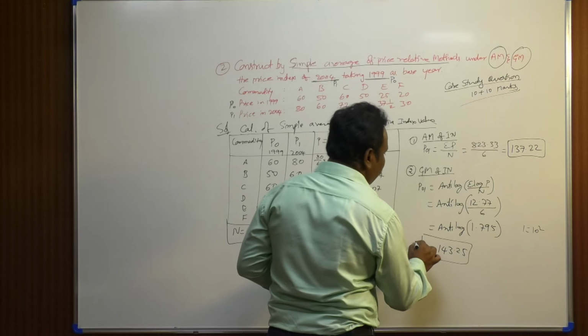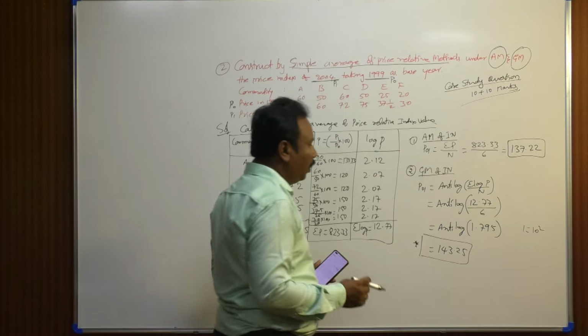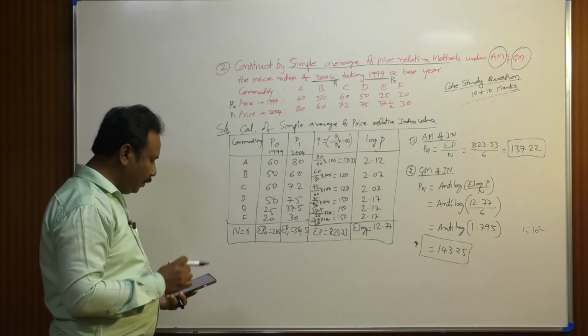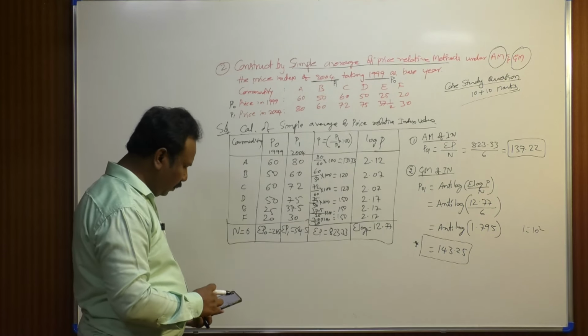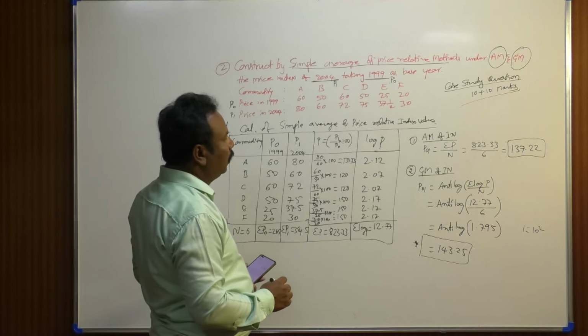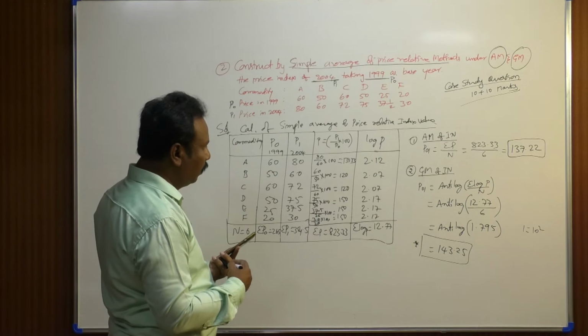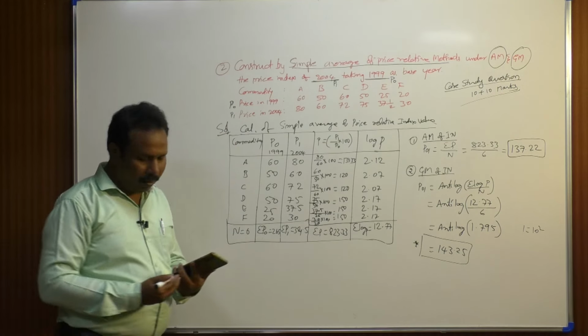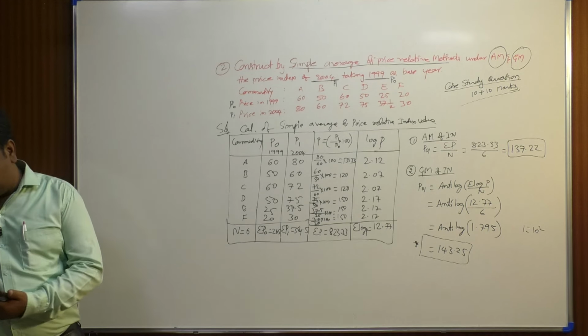This is approximate; we calculate the antilog of this using a calculator. Now, this is the solution, using arithmetic mean and geometric mean.